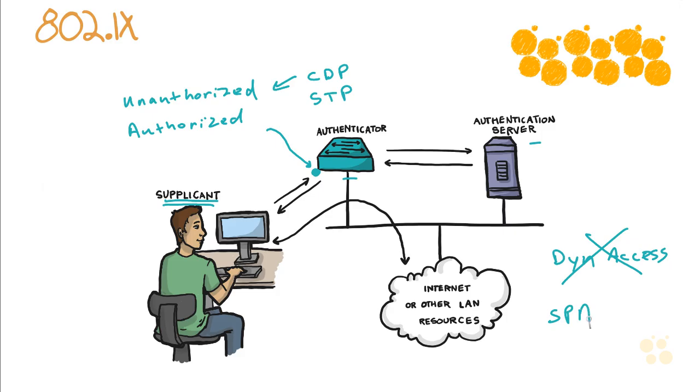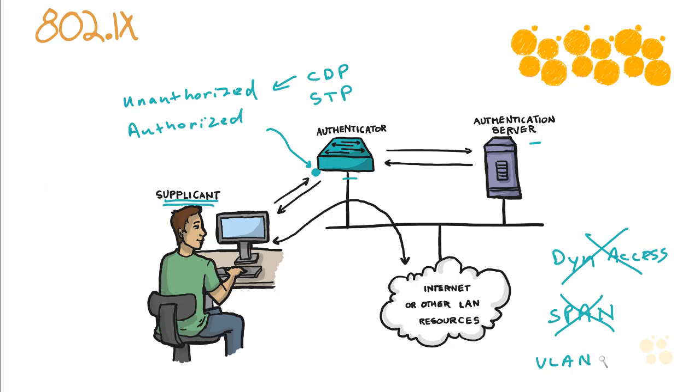And also, we can't do things like SPAN and RSPAN on that particular port, as you might guess. If the VLAN that you have assigned to that port is deleted or is disabled, then obviously that's going to kill the 802.1x functionality and force you into an unauthorized state.